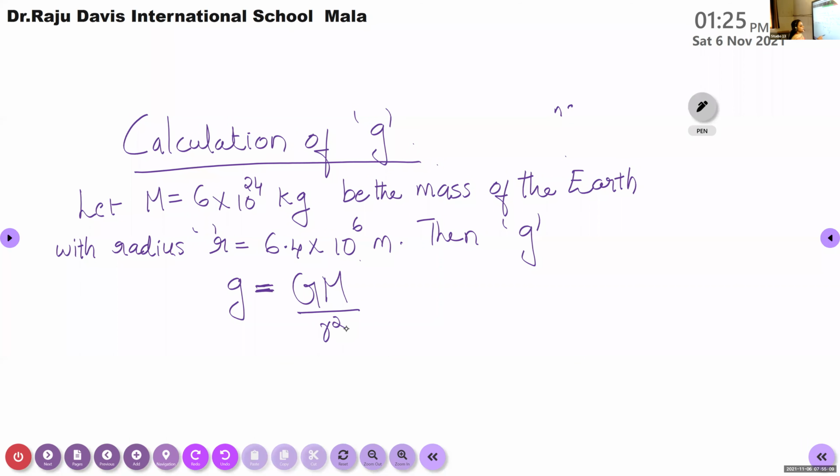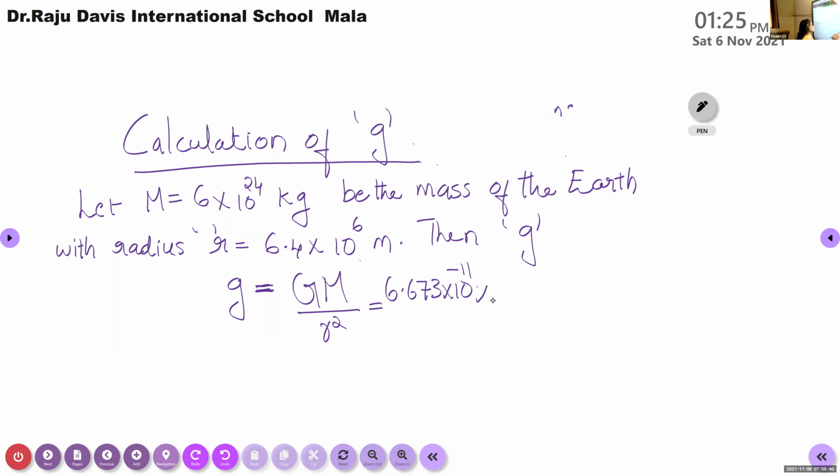Now we are going to substitute the values into this equation. The first one is capital G, which we know is the universal gravitational constant. What is the value of the universal gravitational constant? 6.673 into 10 raised to negative 11 Newton meter square per kilogram square.